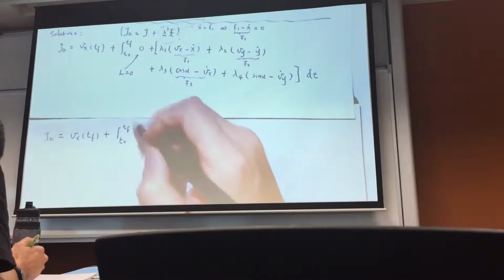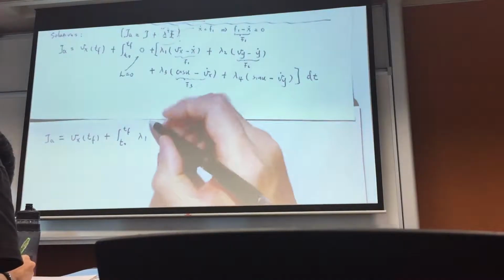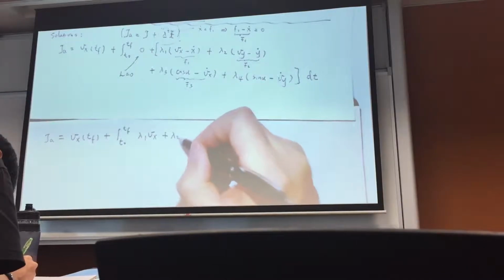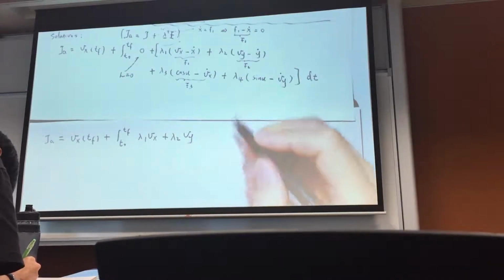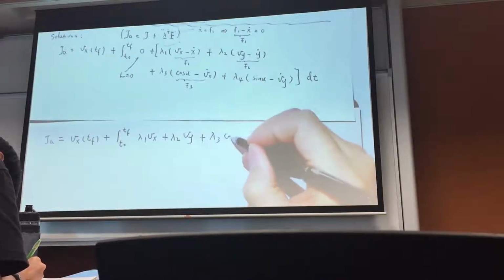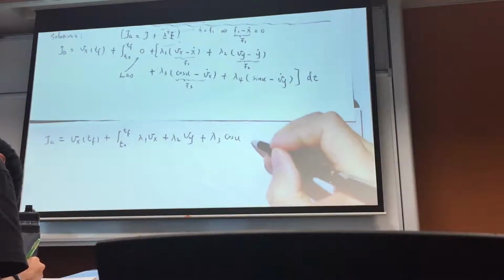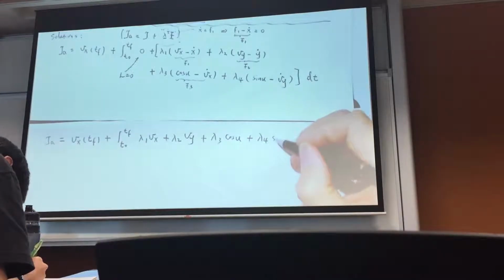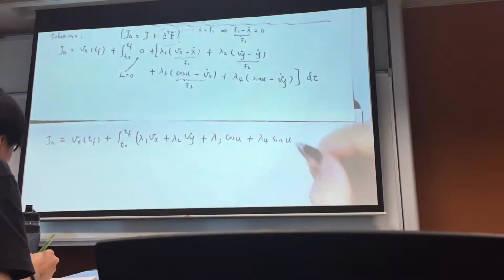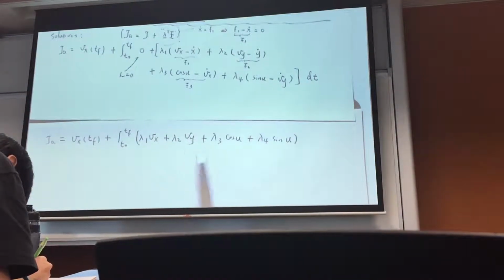Remember that. So we have lambda 1 Vx plus lambda 2 Vy plus lambda 3 cosine u plus lambda 4 sine u. So this part is the algebra part.